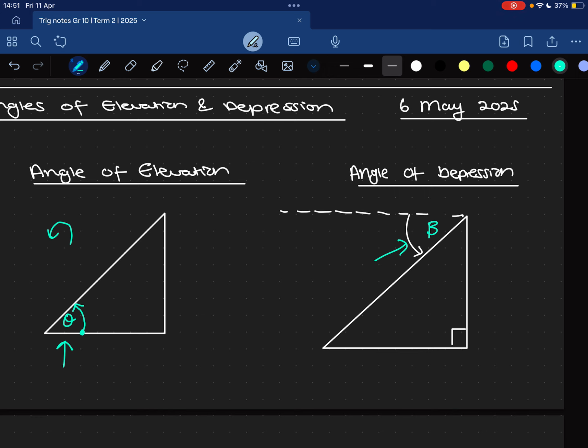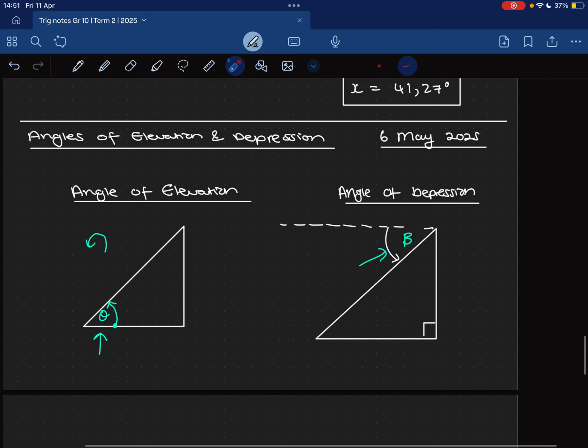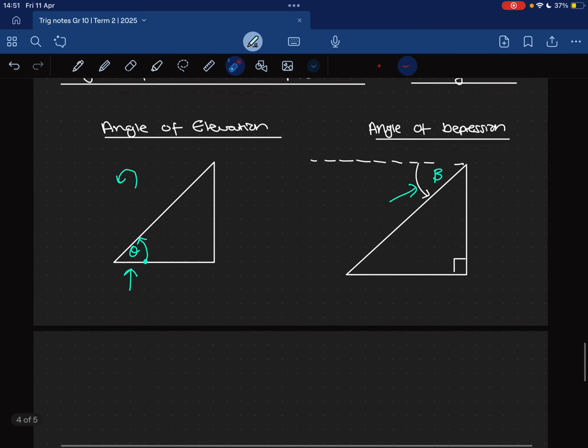That would be the angle of depression. So it's basically going from a higher base. You see this line isn't really a part of the triangle, but it essentially goes downwards. So that's just how we use this terminology in order to describe the different angles.